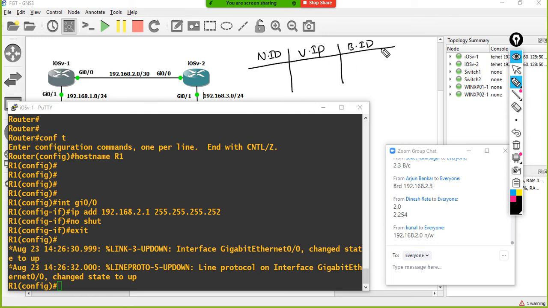So here 192.168.2.0, right, guys? That is the network ID. Then what is the next network, guys? Help me out, man.